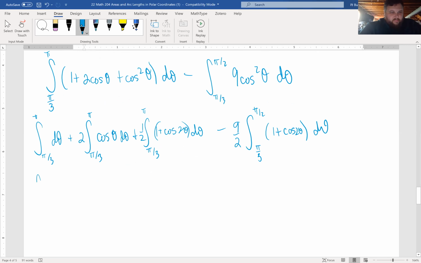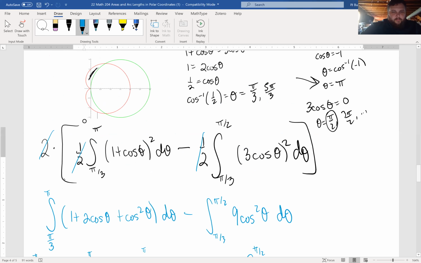All right, so putting this one back together now. I've got d theta, then I've got another half d theta down there. So that's 3 halves.